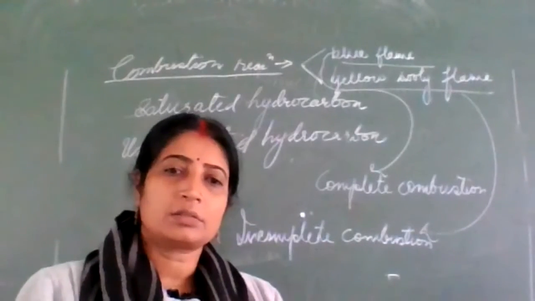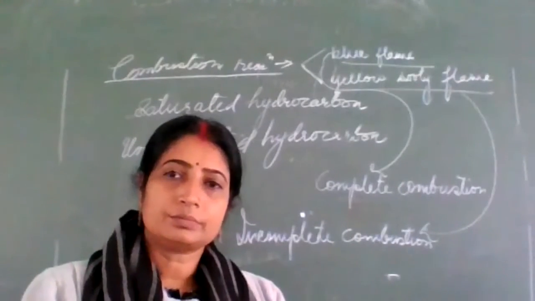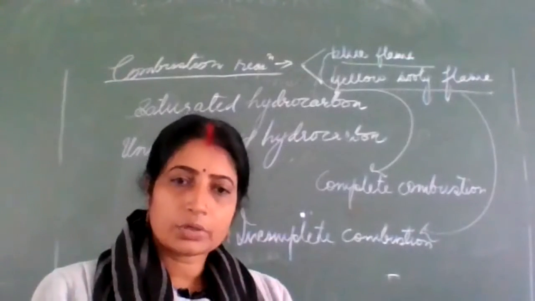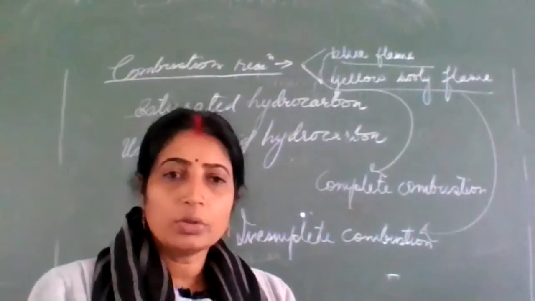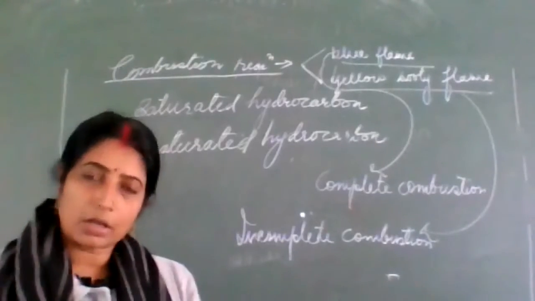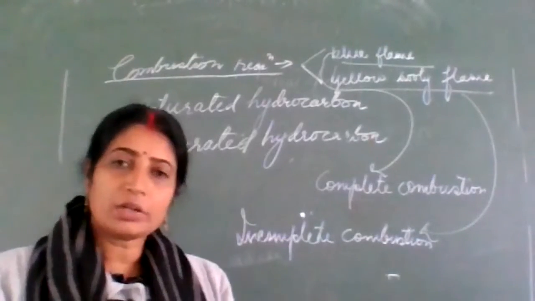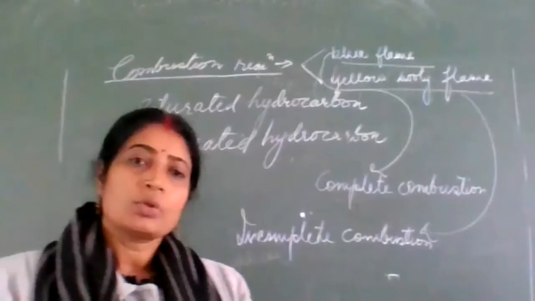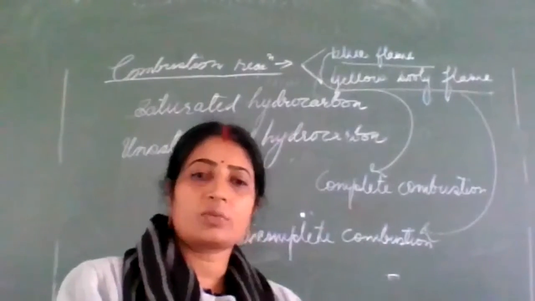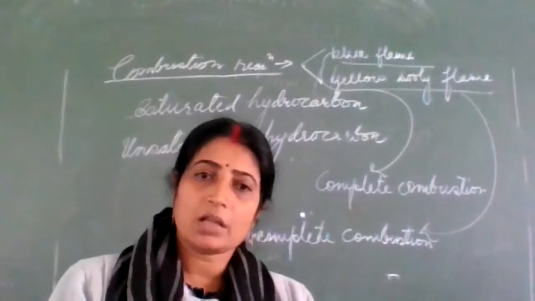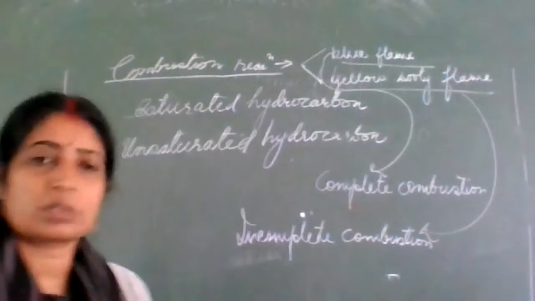And what else? There should be combustible material. Ignition temperature is also needed. So two essential things most importantly required are combustible substance and presence of oxygen.